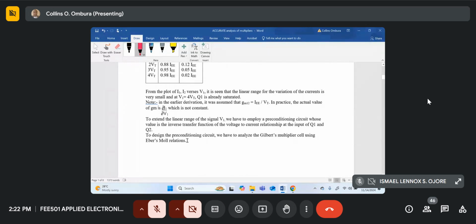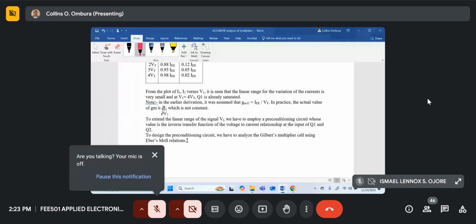Sometimes it's called the accurate analysis of the Gilbert's multiplier cell. Once we get the accurate transfer function, then we can design the preconditioning circuit. So let us get the more accurate transfer function of the Gilbert's multiplier cell.